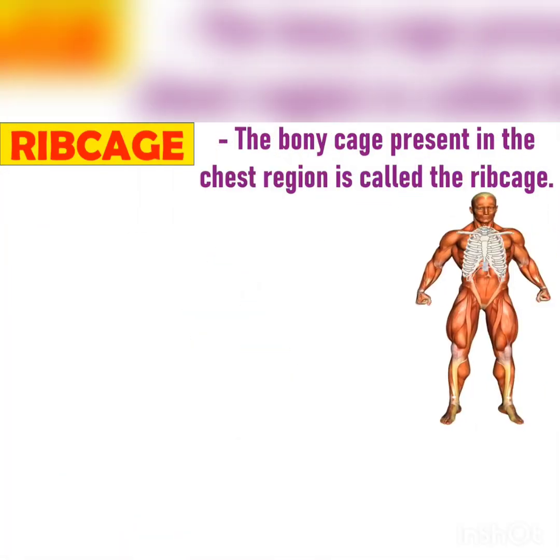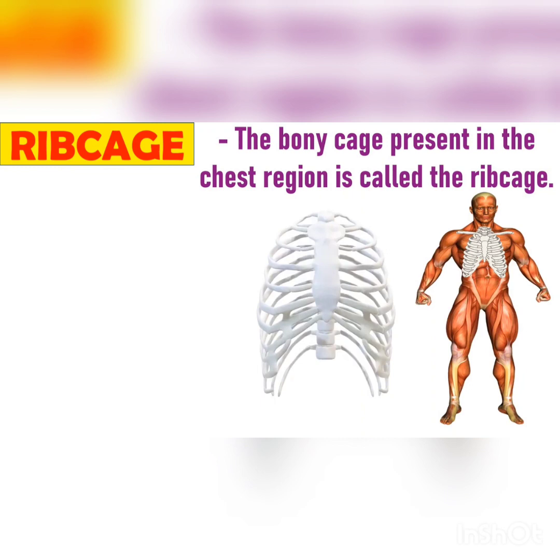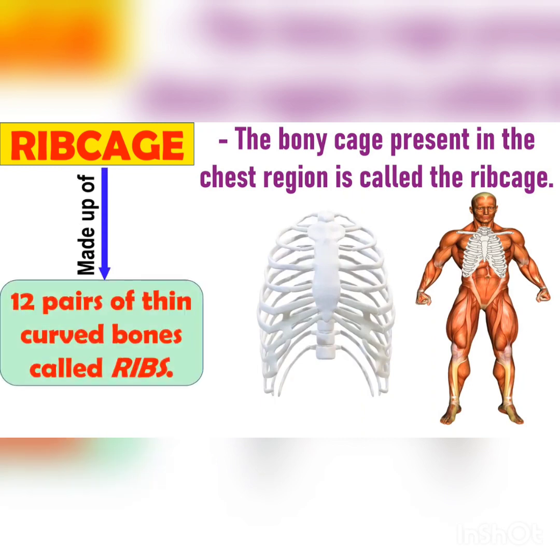Next is rib cage, present in the chest region, and it is an arrangement of bones consist of 24 ribs, two sets of 12 ribs, as you can see here.